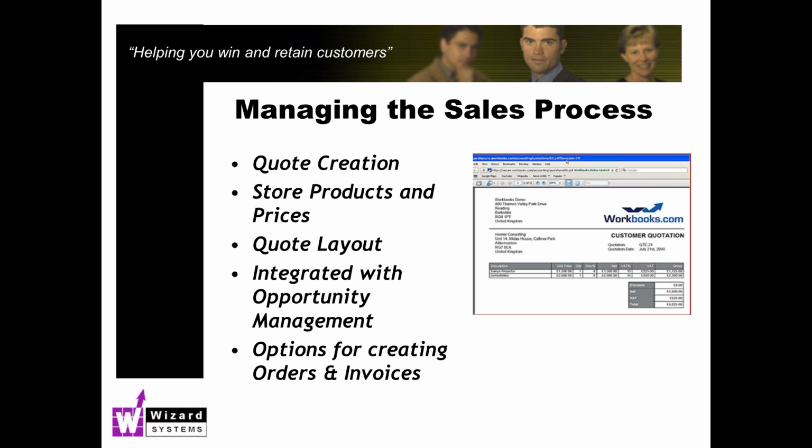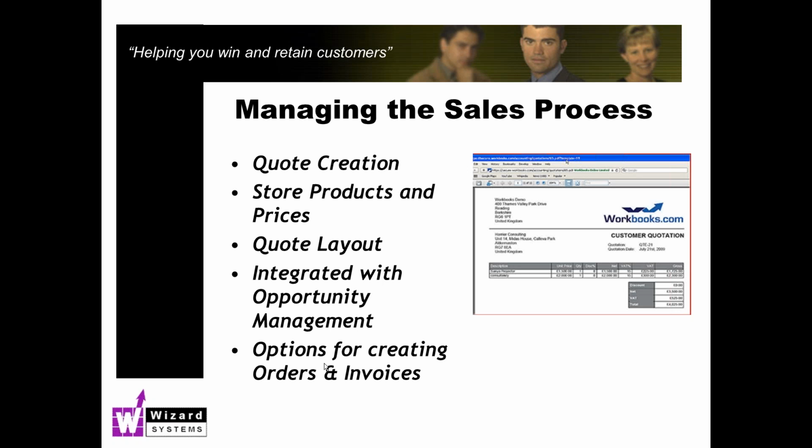Just so that you are aware, you may know this, but there are two different editions of Workbooks. When you want to start using Workbooks proper, you've got two choices. You've got CRM edition or business edition. Business edition does everything that CRM does, everything that I've mentioned so far, but business edition will allow you to create orders and invoices, the financial bit if you like.